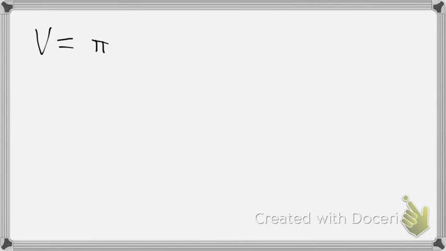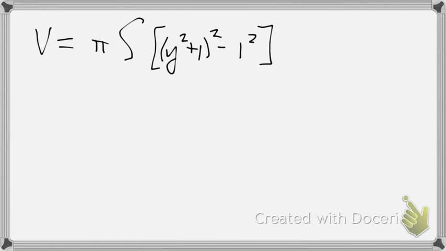So volume equals pi big R squared minus pi little r squared. So the big radius is y squared plus 1 squared, and the little radius is 1 squared, dy. So y squared plus 1 squared minus 1 squared.